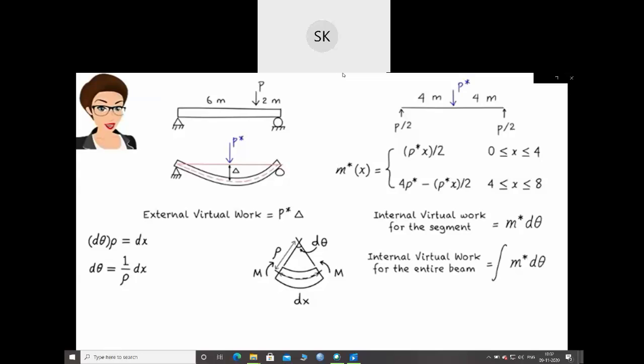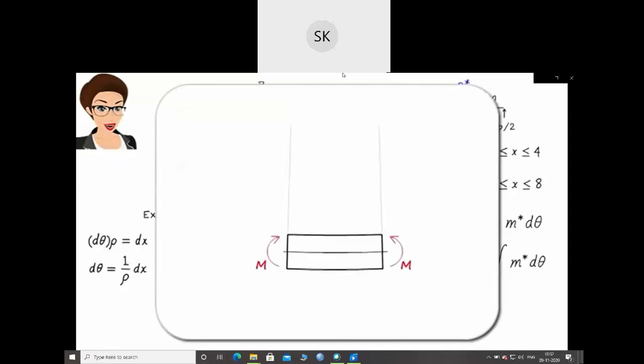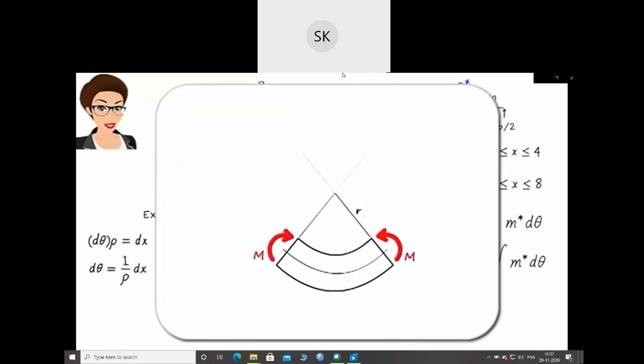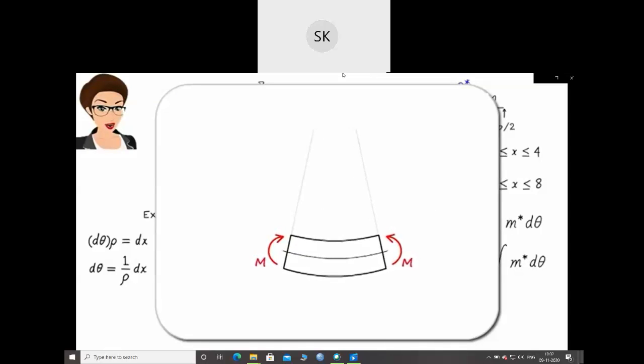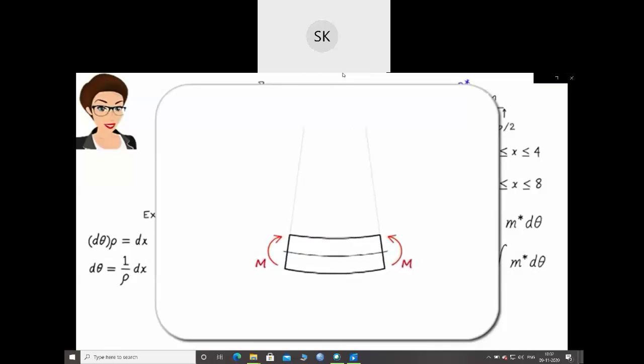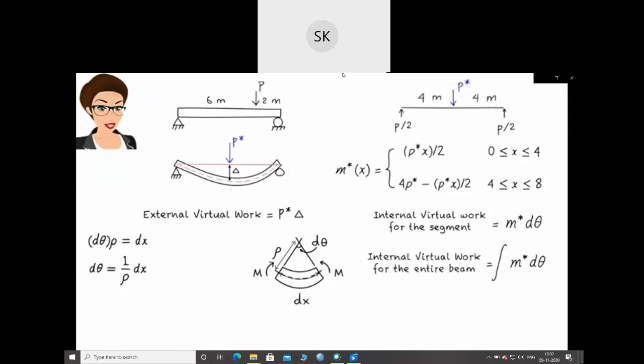Now we need to express rho using more familiar terms. There is an interesting relationship between rho and m. When m increases, rho decreases. When m decreases, rho increases. Interestingly, the product of rho and m is constant.